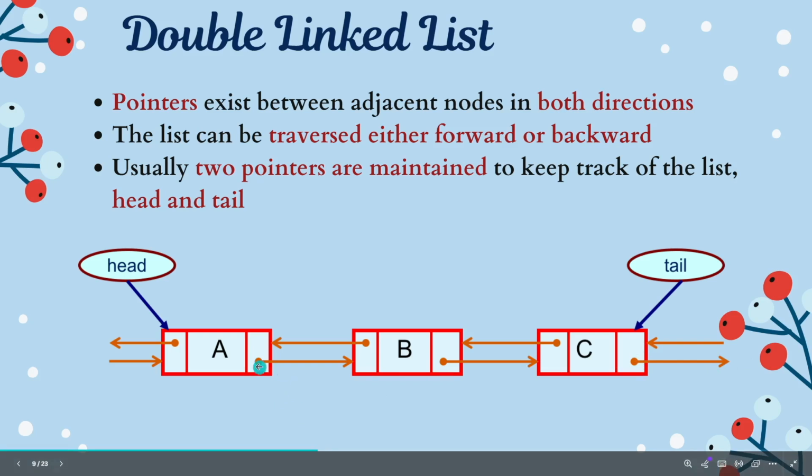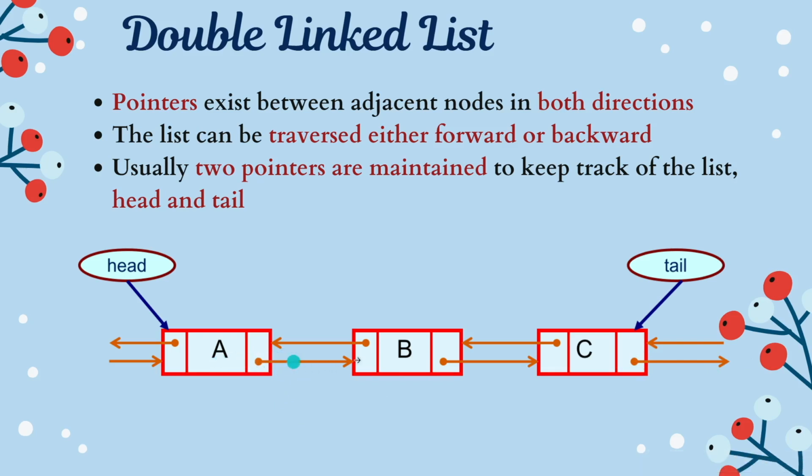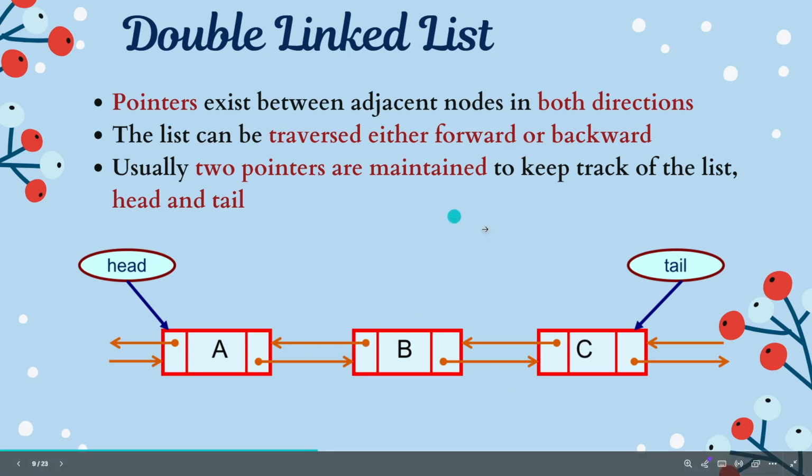So, with the help of the forward pointer, that is next, I can move in the forward direction in the list, and by navigating with the help of the previous pointer, I can traverse the list in the backward direction. That makes the double linked list special over the other two types of lists.